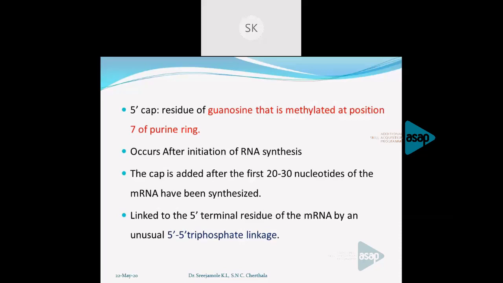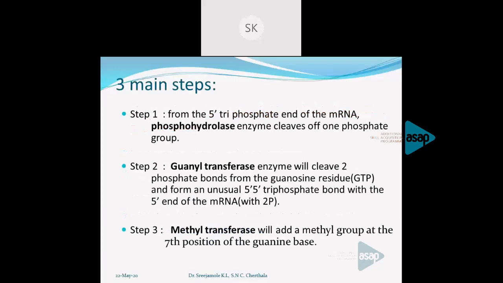This 5' capping actually happens in 3 steps. In the first step, the 5' triphosphate at the end of the mRNA, which has 3 phosphate groups, loses one phosphate group, which is cleaved off by the enzyme phosphohydrolase.